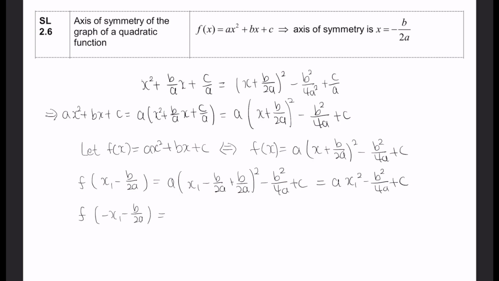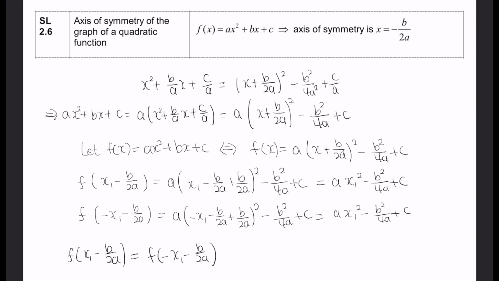Since negative x1 squared is equal to x1 squared, we again get a x1 squared minus b squared over 4a plus c. Therefore, f of x1 minus b over 2a is equal to f of negative x1 minus b over 2a for all real x1. And this means that the function f of x equals ax squared plus bx plus c is symmetric about x equals negative b over 2a.